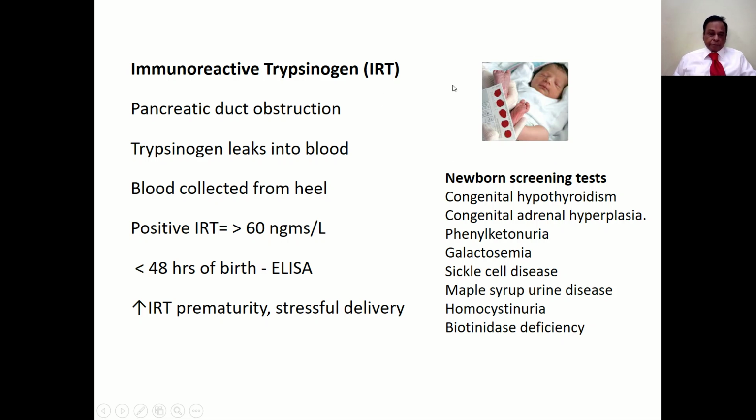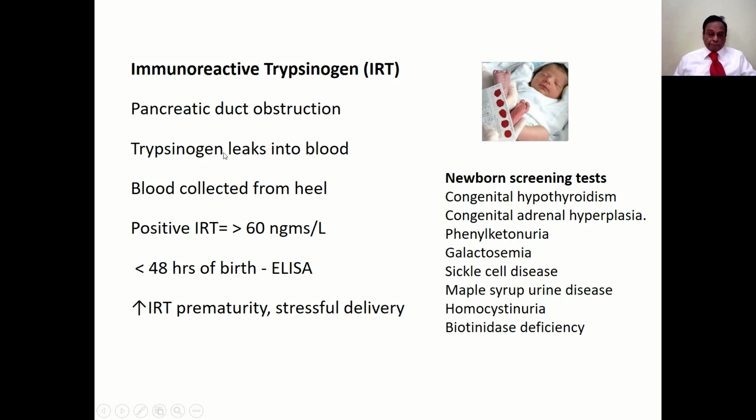In cystic fibrosis, the name itself, cystic, means where the cysts occur. Cysts appear in the pancreas, so it destroys the ducts, and the secretions are very thick. That is the reason why pancreatic duct obstruction occurs.